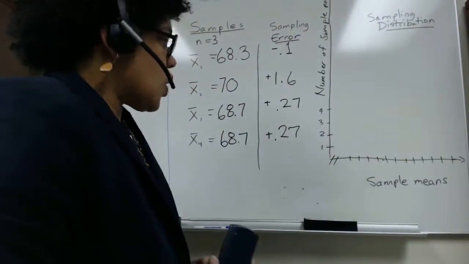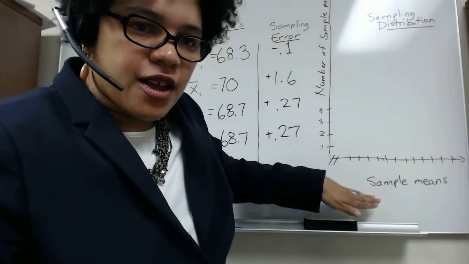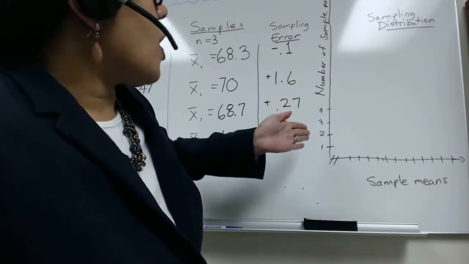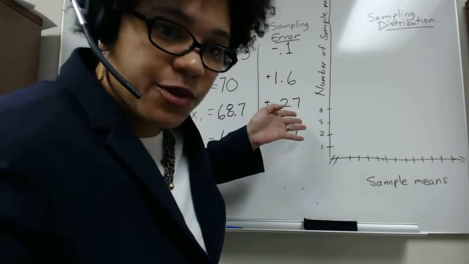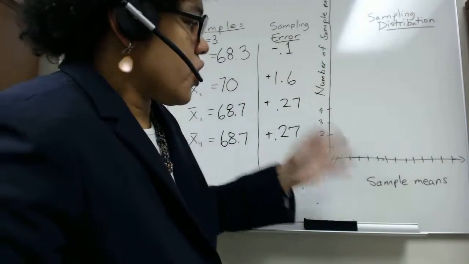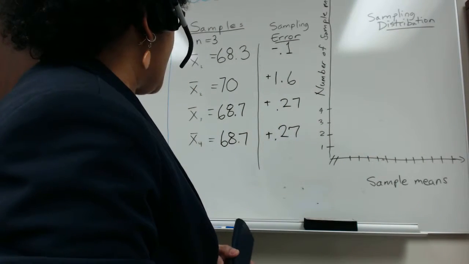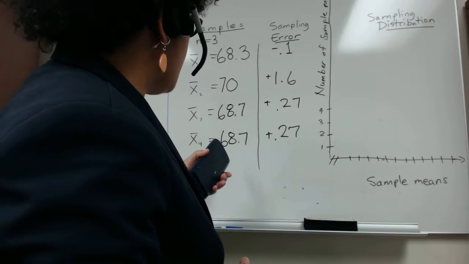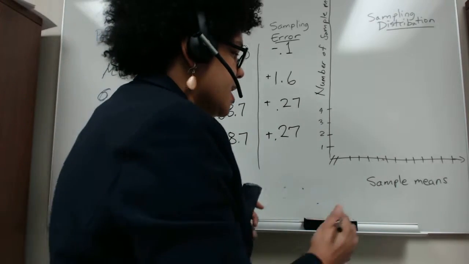On the x-axis, we're going to graph sample means. On the y-axis, this is going to be a frequency chart, so the number of sample means in a particular spot. It looks like these vary from 68.3 to 70.